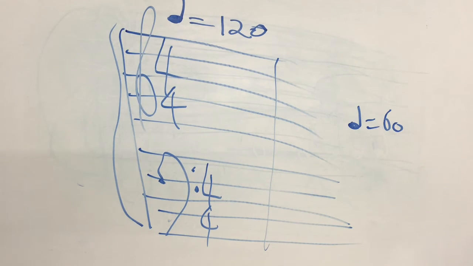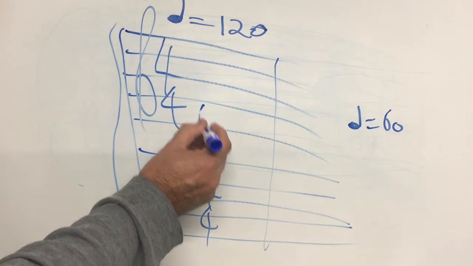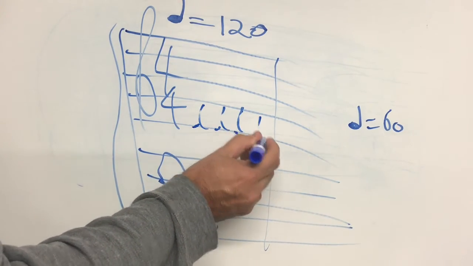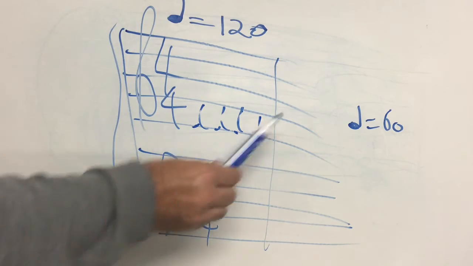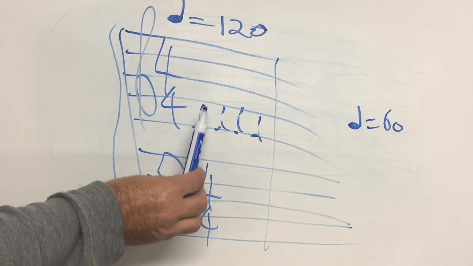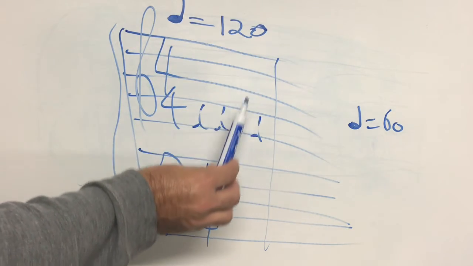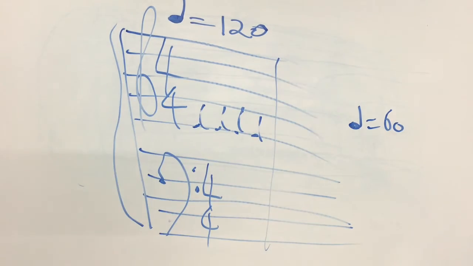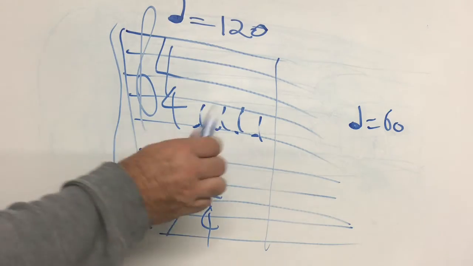So putting that into a time here, for instance, 1, 2, 3, 4, the speed these notes would be played would be 1 per second. 1, 2, 3, 4. So every second is a beat.